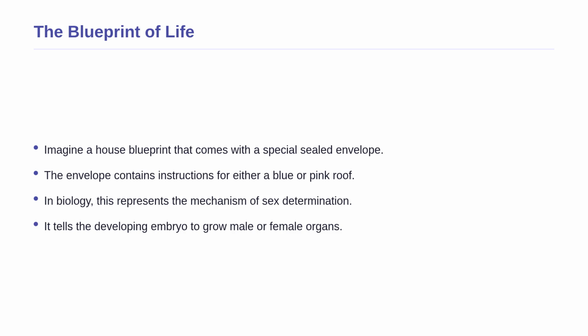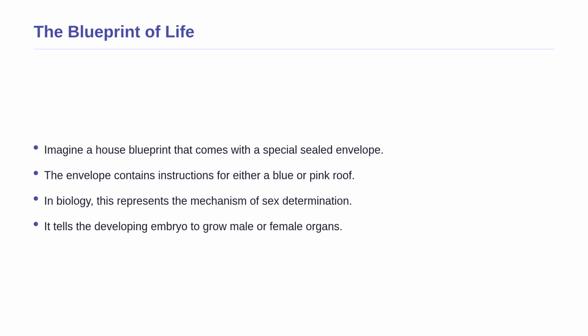To understand how this works, imagine you are building a house, and the architect's blueprint comes with a special sealed envelope. Depending on what is inside that envelope, the house will either have a blue roof or a pink roof. In biology, this sealed envelope represents the mechanism of sex determination.